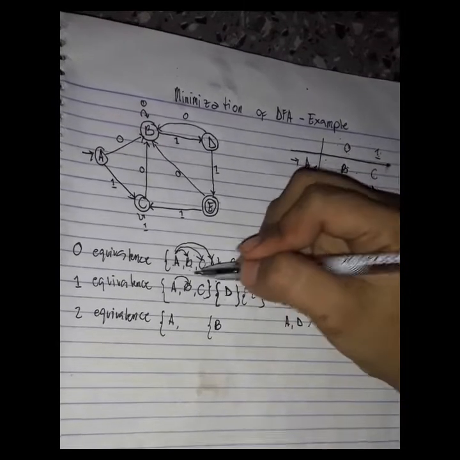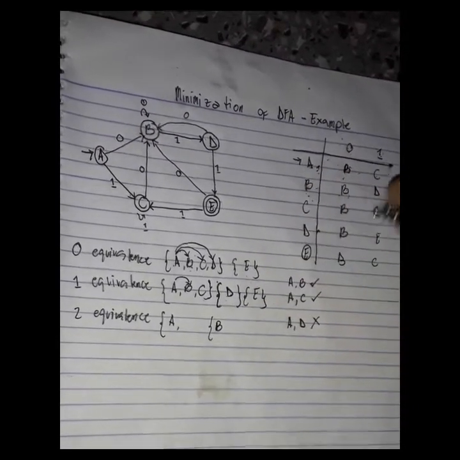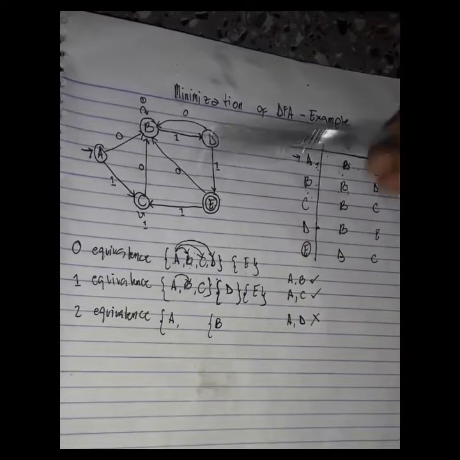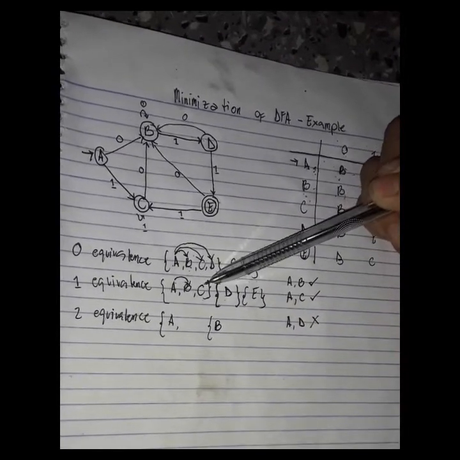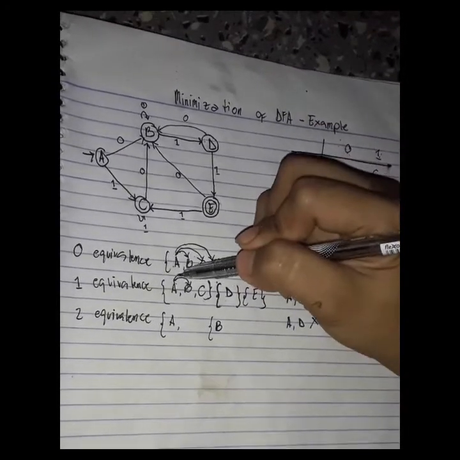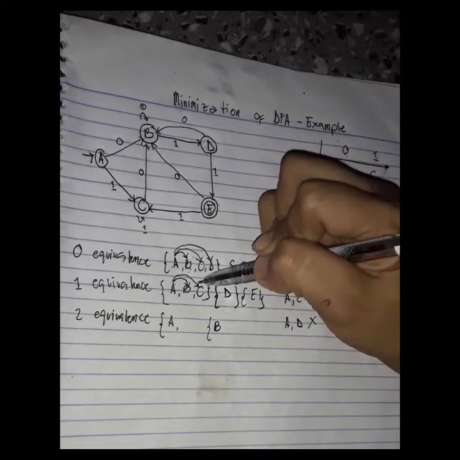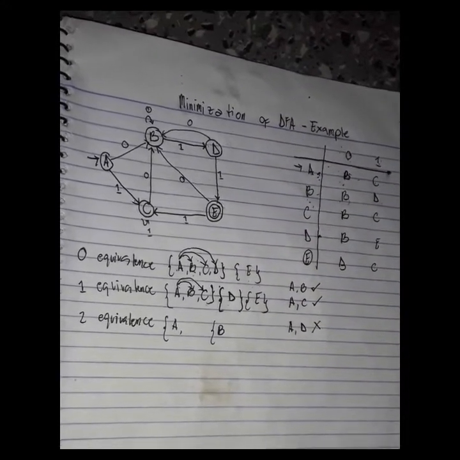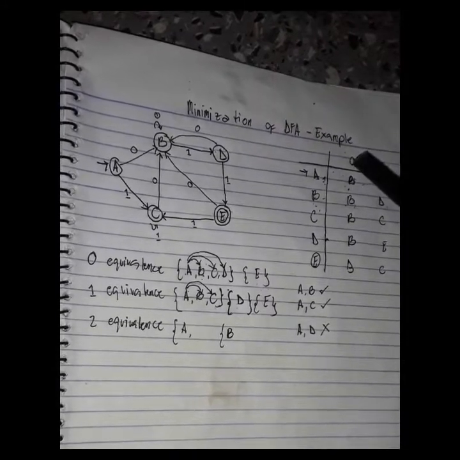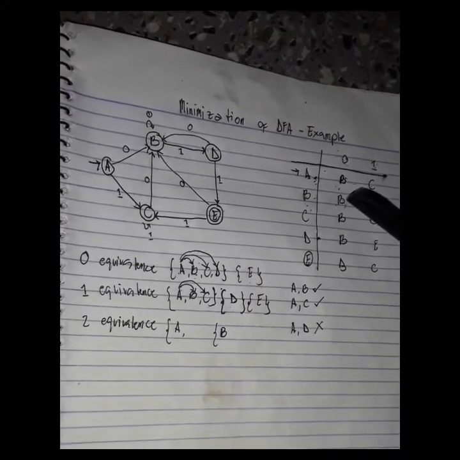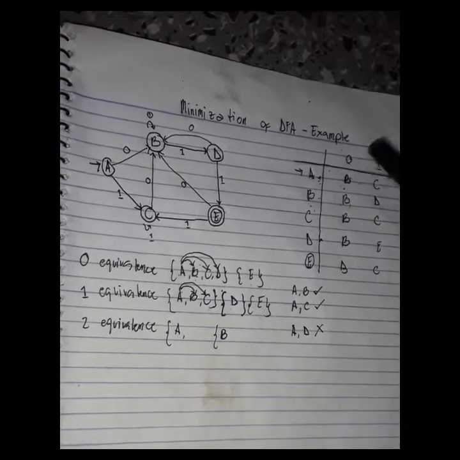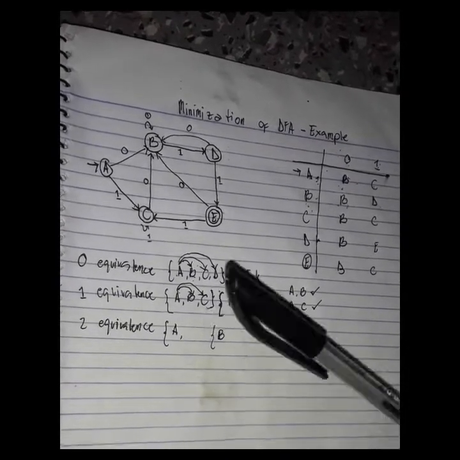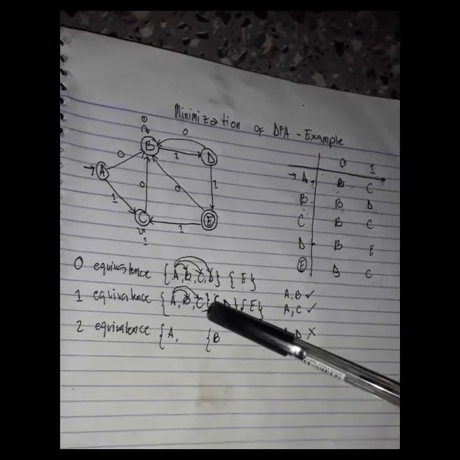So you have to check the A and C also. So A and C, you have to check in the transition table. So the zero equivalent of A goes to B, and the zero equivalence of C goes to B. So it is okay because they're in one set.